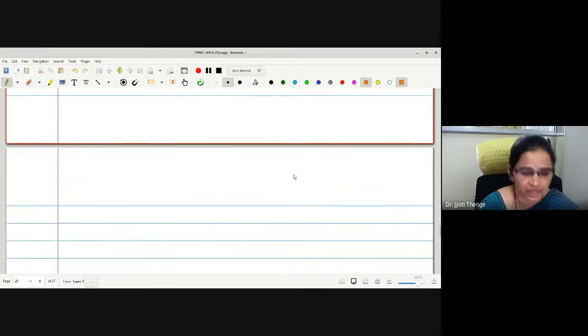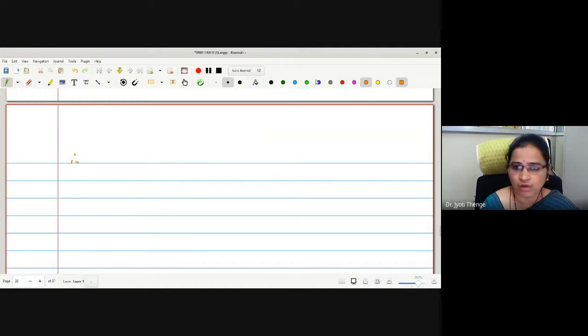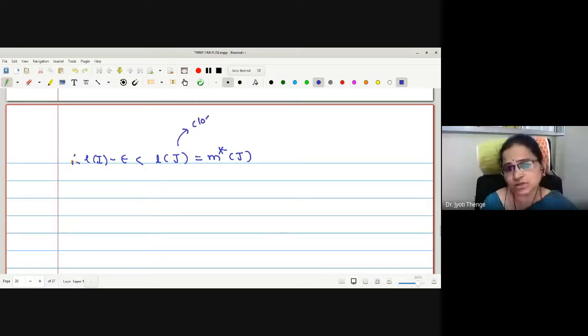Therefore, can I write now L of J we have found to be greater than L of I minus epsilon, and may I say this L of J is equal to M star of J, because this is my closed interval, closed and finite, no? And by case 1, we have already proved that if the interval is closed and finite, length is nothing but outer measure.